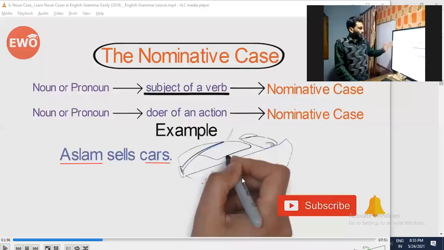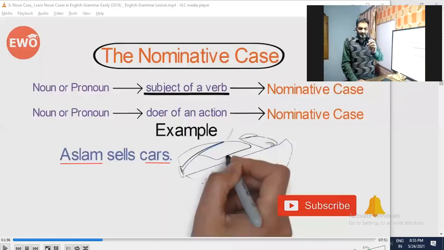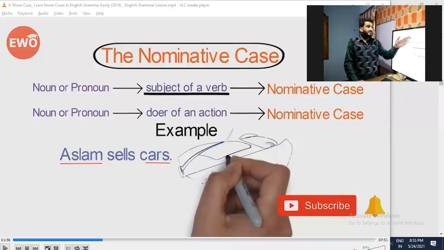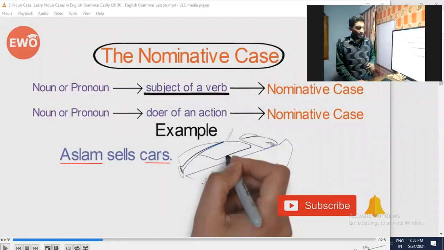Okay, now I was telling you about the nominative case. It's very easy, very simple. Nominative case is also called the subjective case.